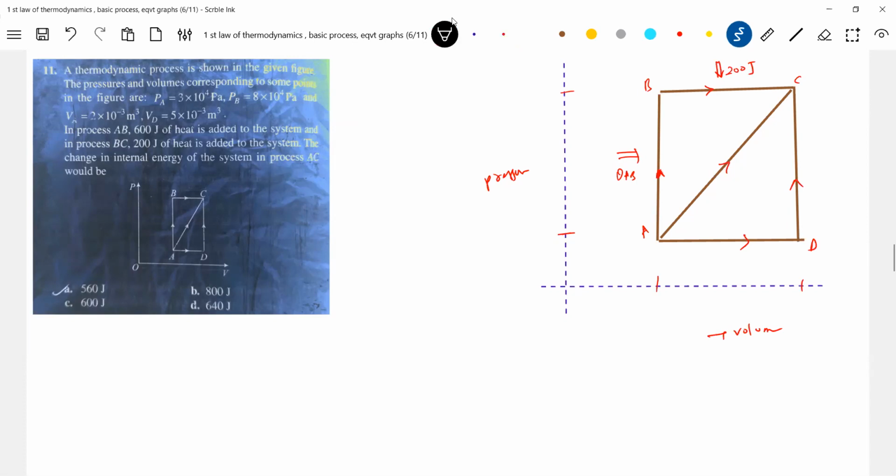Let's do one thing. For path ABC, we'll work out the problem. Path ABC. So QABC is equal to delta UABC plus WABC. What is the total heat that is added? QAB plus QBC.